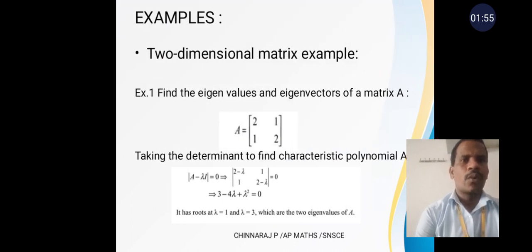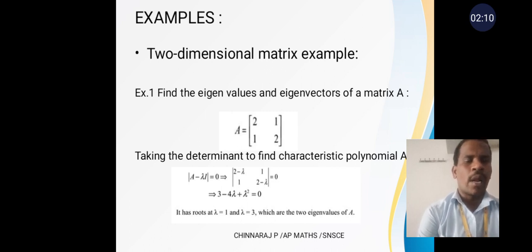Next, example of a two-dimensional matrix. Find the eigenvalues and eigenvectors of a matrix A, if A equals the matrix [2, 1; 1, 2]. We can find the eigenvalues of this matrix using the formula determinant of A minus lambda I equals 0.